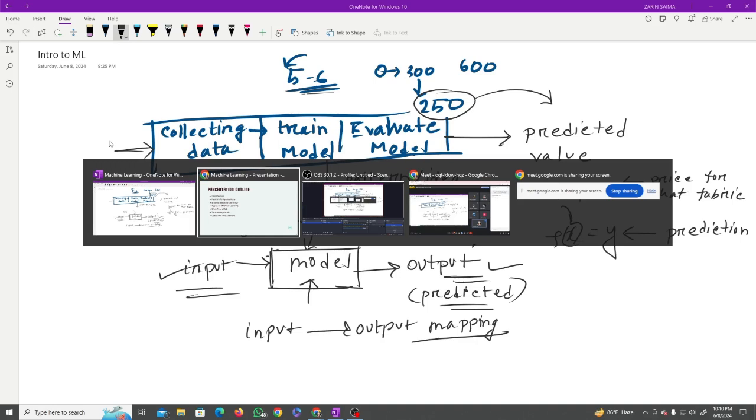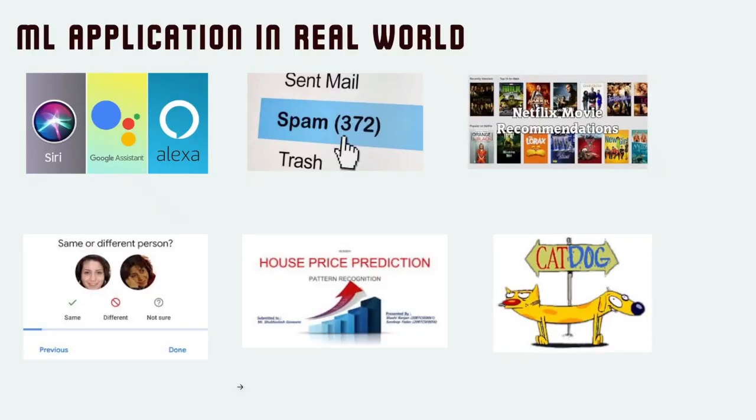So we can see ML applications in the real world. Let's talk about Siri or Alexa. You ask, "Hey Siri, what is the weather today?" and Siri answers. Then in our Gmail account we have a part where all the spam emails are stored.